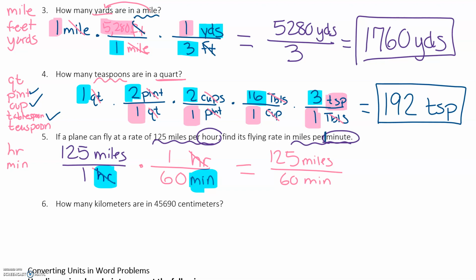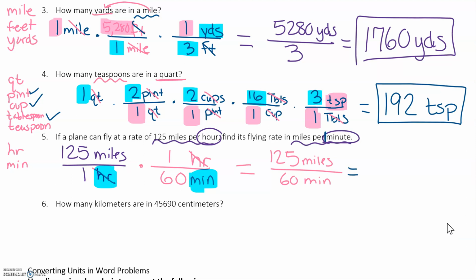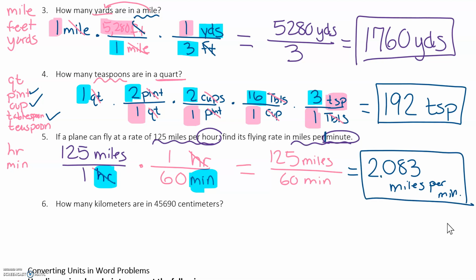So that means we need to actually do the division, 125 divided by 60. And we're going to get 2.083. So I'm going to put my equal sign, 2.083. This is miles per minute. Okay, so make sure you go all the way down and finish the division on that problem.